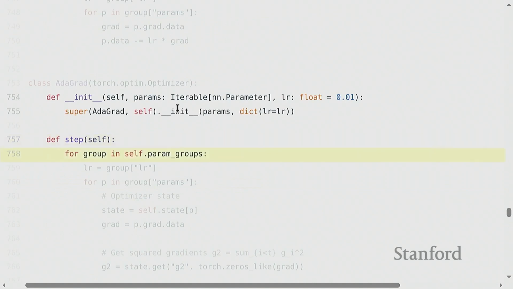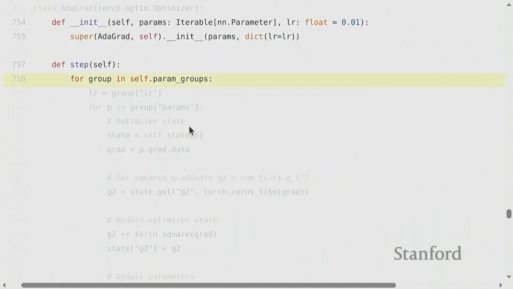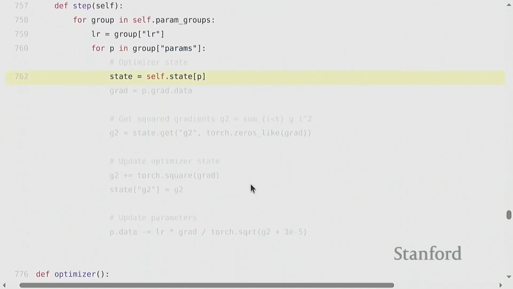So what this looks like is your parameters are grouped, for example, you have one for layer 0, layer 1, and then the final weights. And you can access a state, which is a dictionary from parameters to whatever you want to store as the optimizer state.